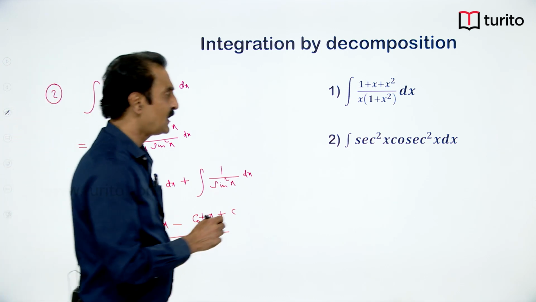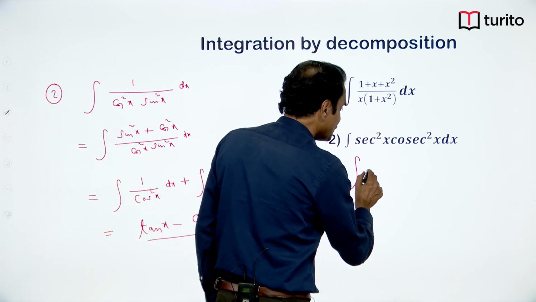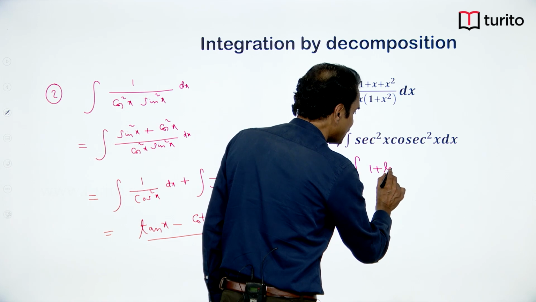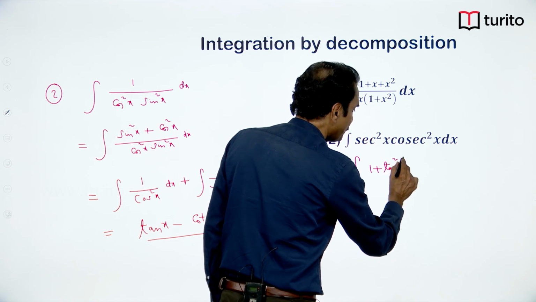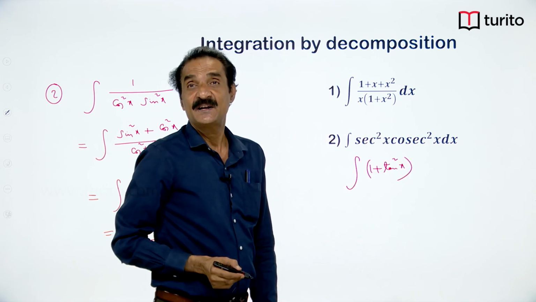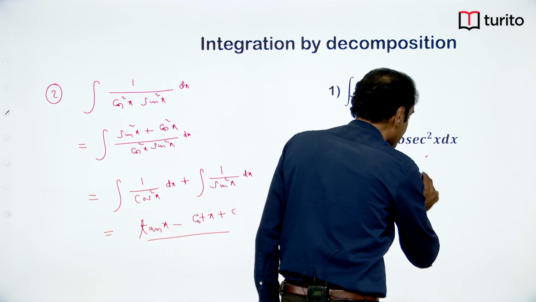We can also do it like this. We can write secant square x as 1 plus tan square x and cosecant square x as 1 plus cot square x.